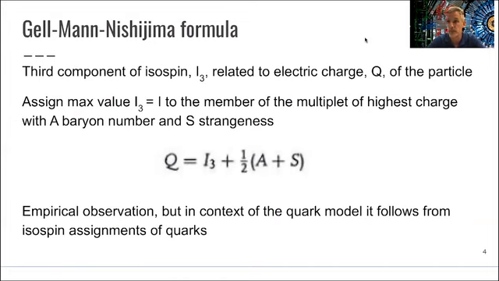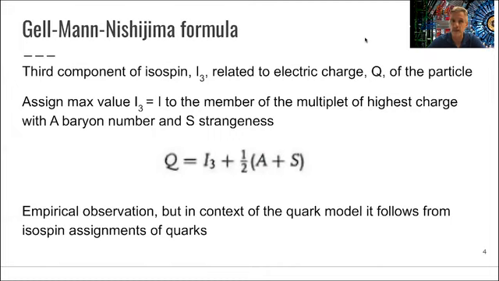Later, this concept was moved to other new particles. Many new particles were produced in accelerators and experiments, and people tried to classify them by their isospin.